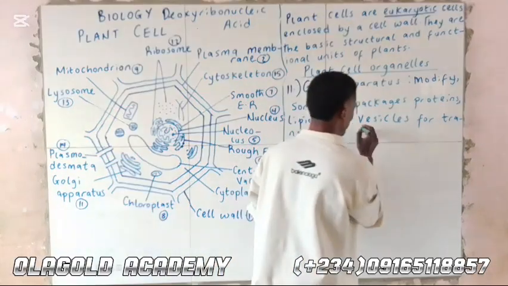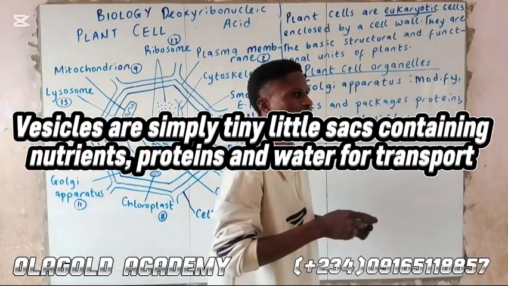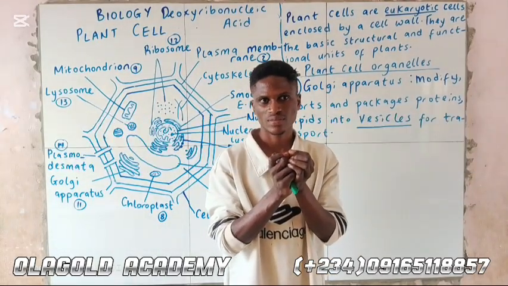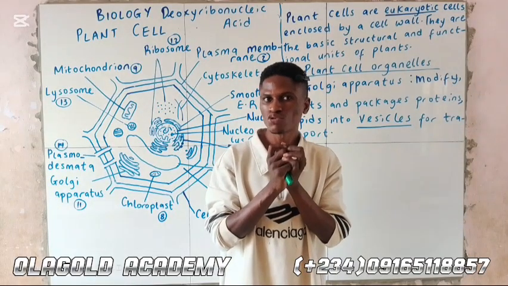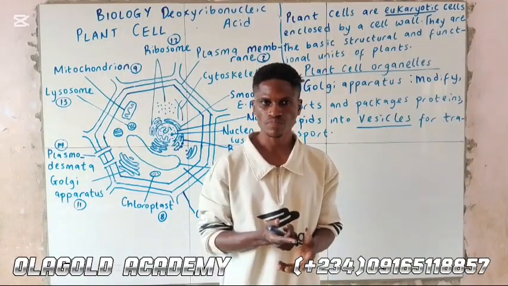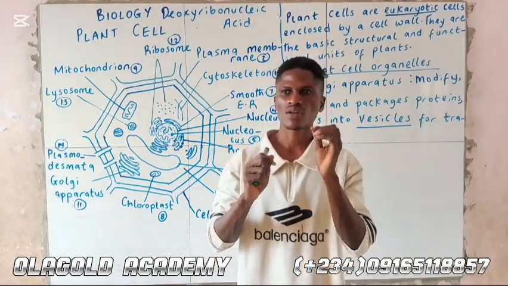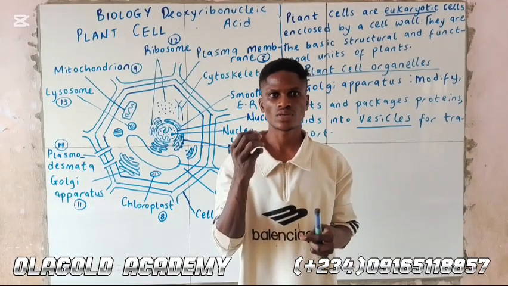Now, what are vesicles? These vesicles are like small sacs that contain proteins, lipids, and other nutrients that are being sent around the body. Now, imagine an orange fruit. There is what we call the juice sac.